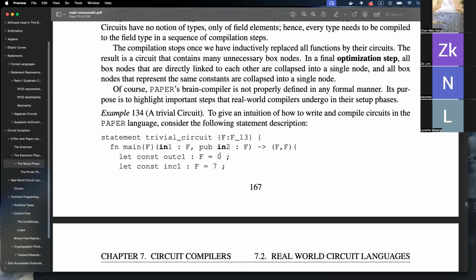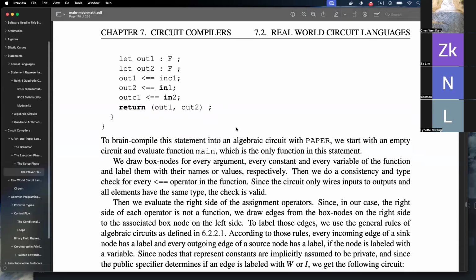But the inputs that you provide in your setup phase might be inputs that you are using just to verify if your circuit is correctly written.